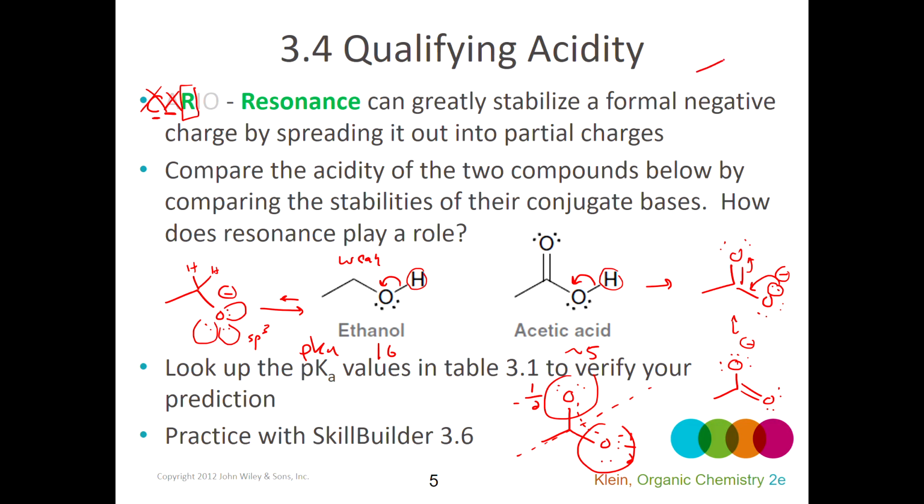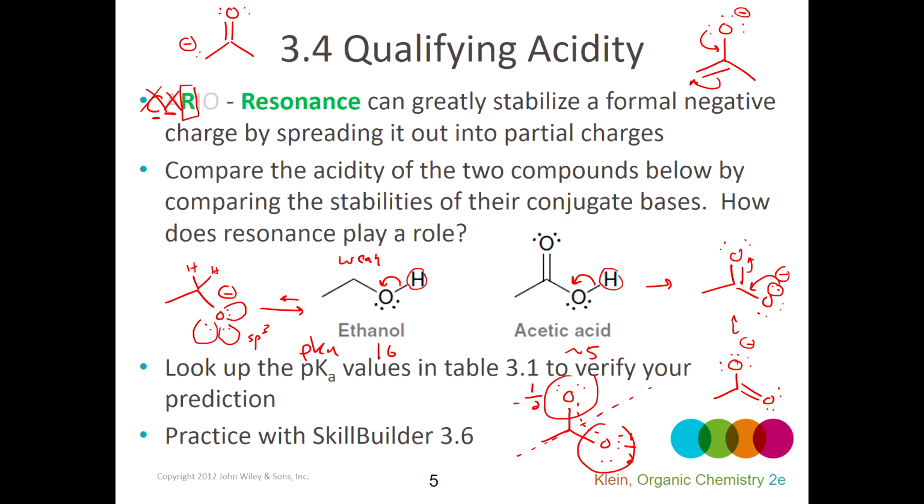If I had a situation like this, and I were looking for resonance to stabilize this negative charge, I can see that occurring. The pi electrons would have to move on to a carbon, though. So if I were to look at the other resonance contributor created from that, where it had a negative on a carbon, well, as we were saying in the last slide, carbon can't stabilize a negative nearly as well as oxygen can.